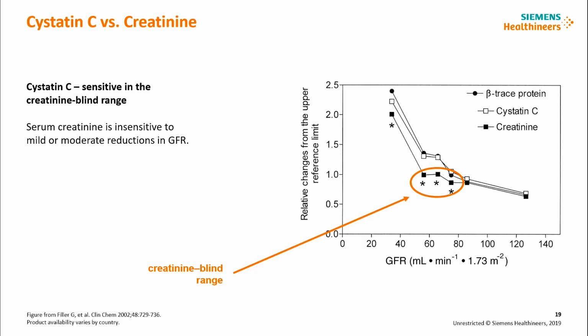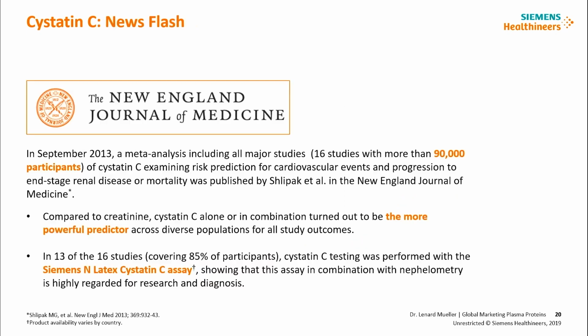And in this case, creatinine is not a good tool to assess chronic kidney disease, especially in the early stage. So they found, again according to this study, a meta-analysis that combines around 16 studies done on 90,000 patients, and they concluded that cystatin C alone or in combination turned out to be a more powerful indicator for chronic kidney disease.